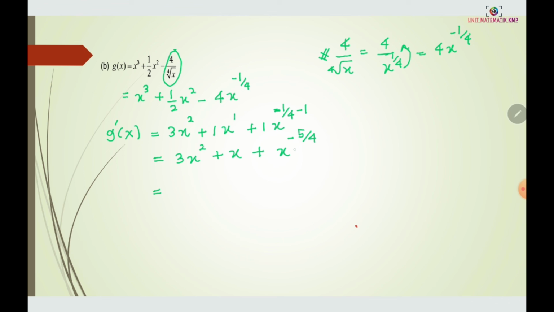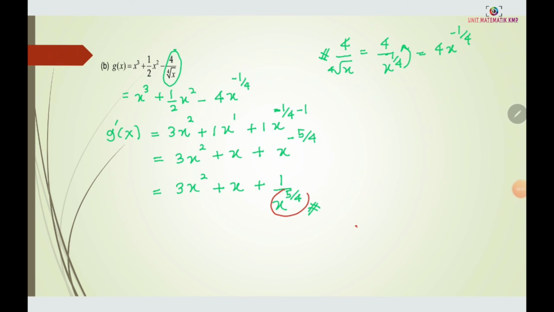Because the power is negative here, we have to bring it back into the denominator, so it becomes 3x squared plus x plus 1 over x power of 5 over 4. So this is the last answer.